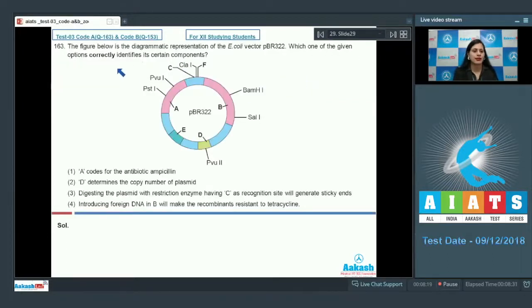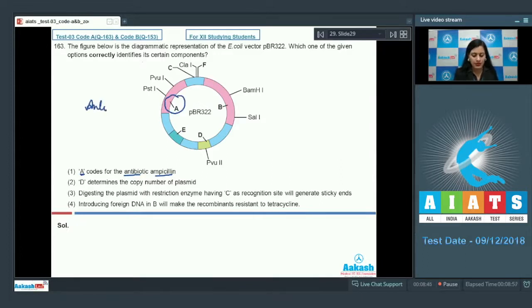Question number 163. The figure below is the diagrammatic representation of the E. coli vector pBR322. Which one of the given options correctly identifies its certain components? The very first option given is A, codes for the antibiotic ampicillin, and in this given diagram, A represents what?